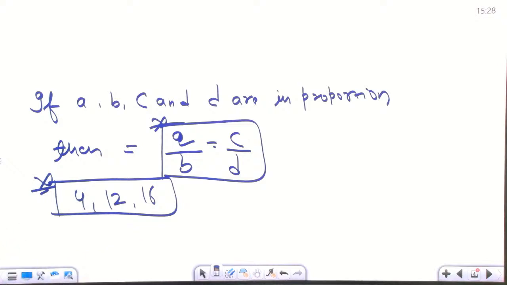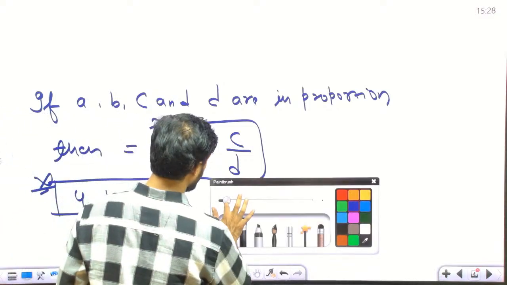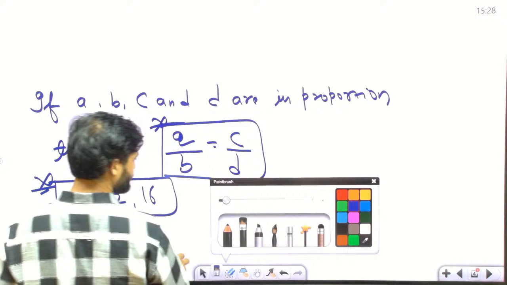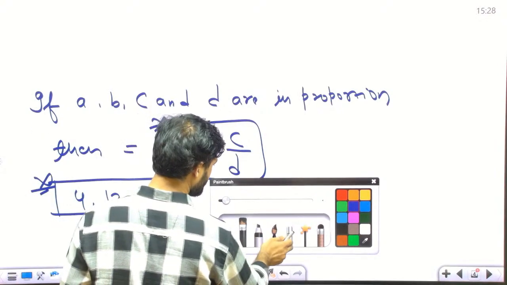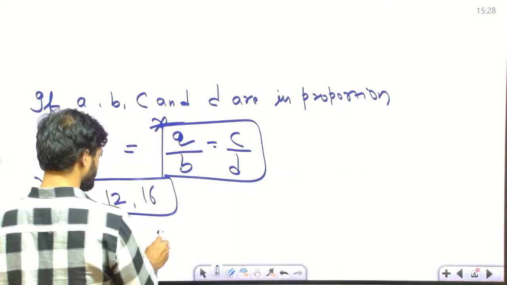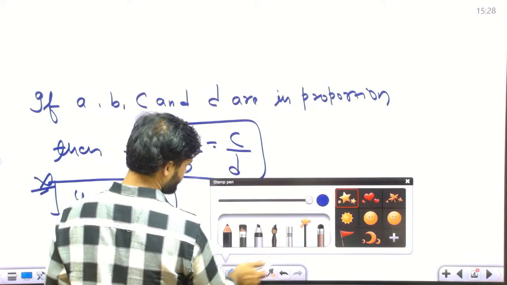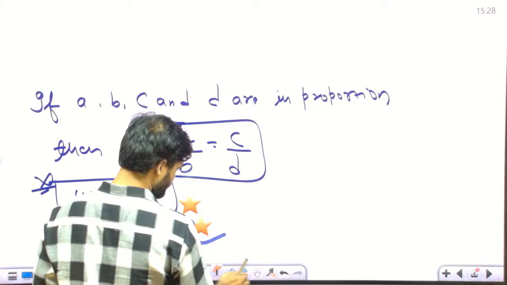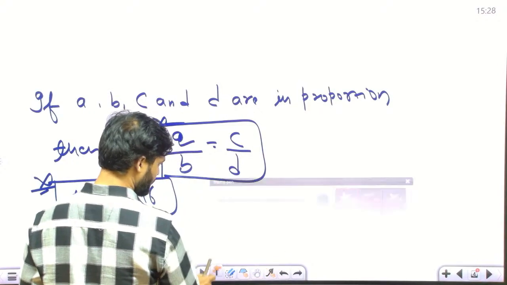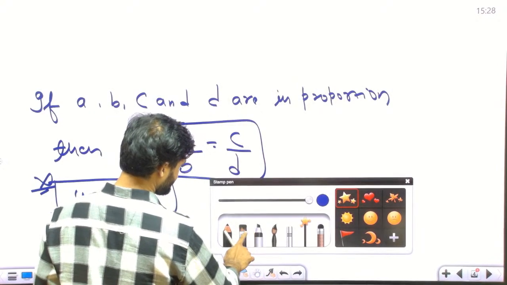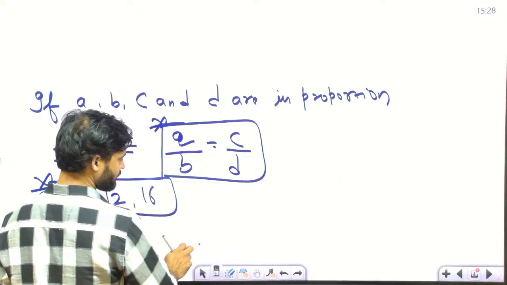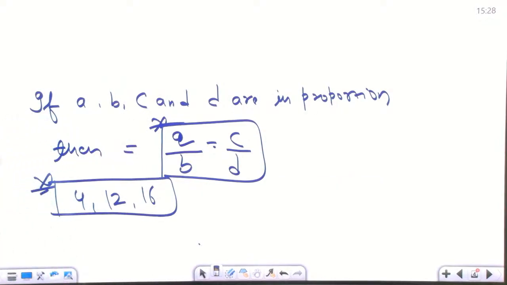Find the fourth proportion to 4, 12, and 16. Done? What is the answer? 8.